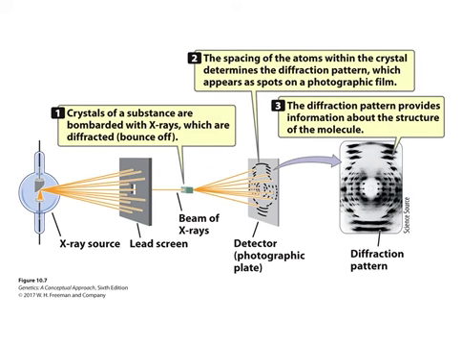In 1947, Astbury began studying the three-dimensional structure of DNA using X-ray diffraction, as shown here. X-rays beamed at a molecule are reflected in a specific pattern, and this reveals aspects of the structure of the molecule. However, this production of diffraction images didn't provide enough resolution to reveal the structure.